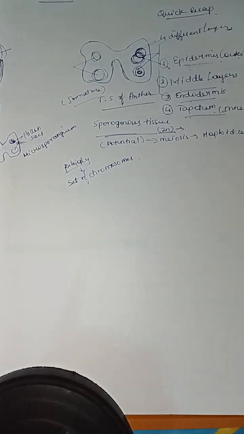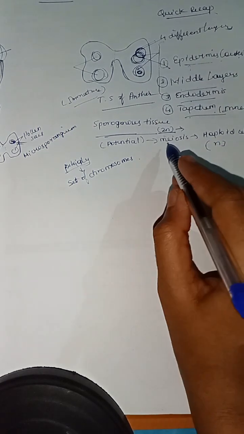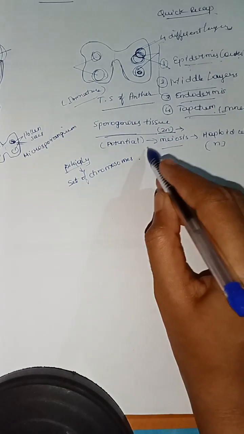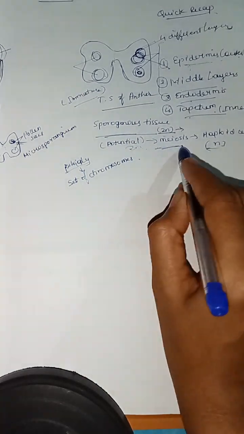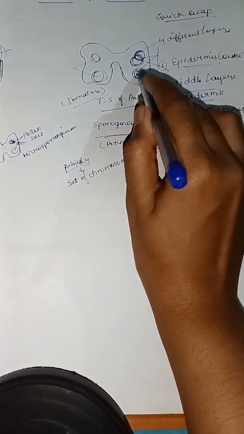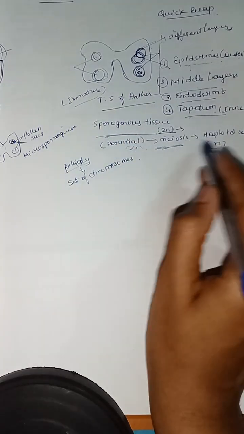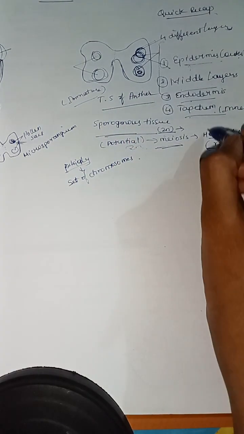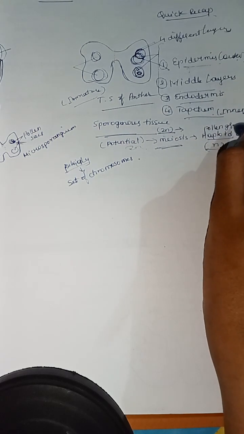If it is haploid, then it is in the N form. After meiosis, the diploid forms a haploid condition. So this is the step where meiosis takes place. The sporogenous tissue present in the microsporangium undergoes meiosis and forms haploid cells, which we call pollen grains.